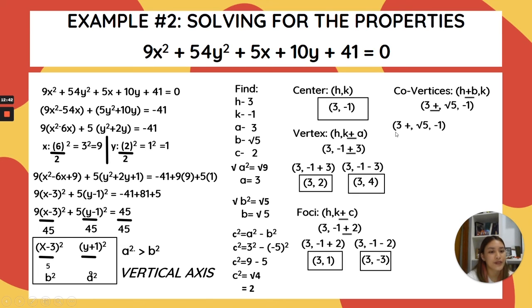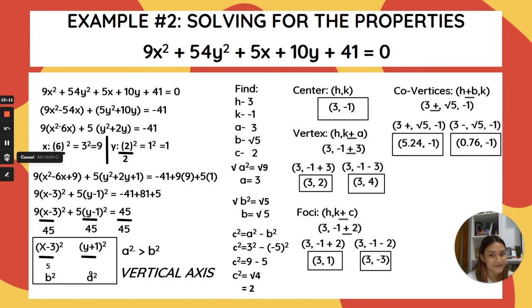We have positive 3 plus the square root of 5, negative 1, and then positive 3 minus square root of 5 and then negative 1, and then we solve. 3 plus square root of 5 will be 5.24, and then negative 1 copy, and then the other side, 3 minus square root of 5 will be 0.726 and a negative 1 copy. Here are the coordinates of our co-vertices.